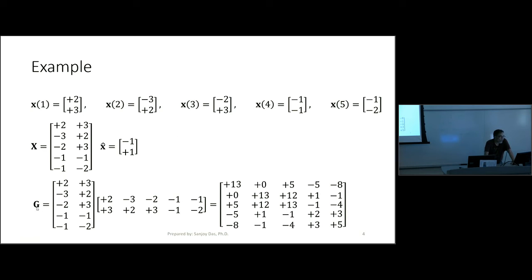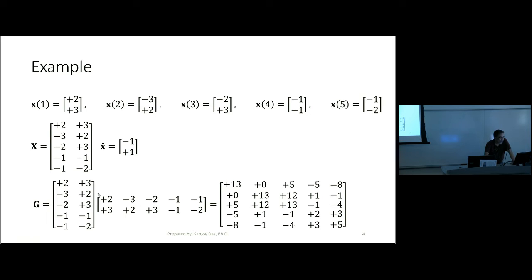This is the raw Gram matrix, X times X transpose. 2 times 2 is 4, plus 3 times 3 is 9, 4 plus 9 is 13.